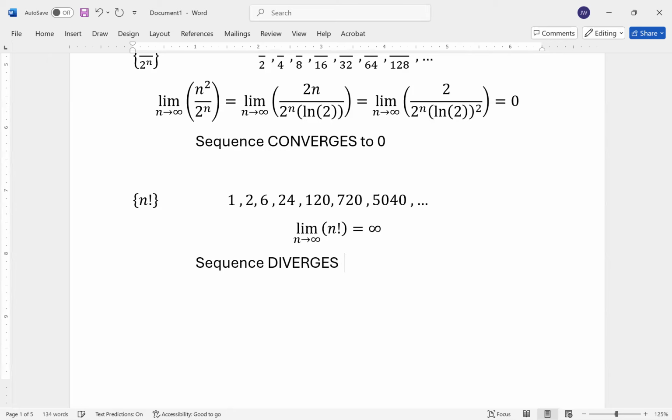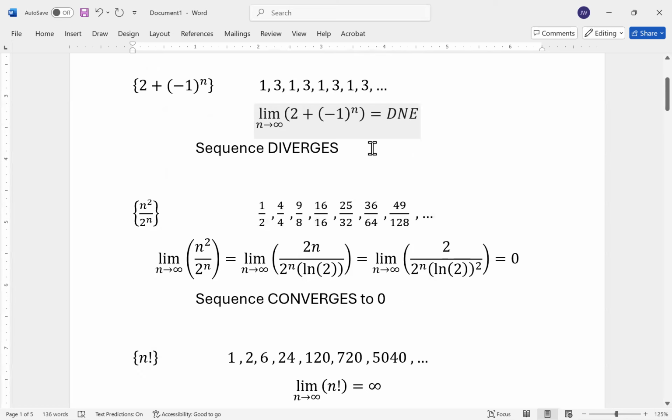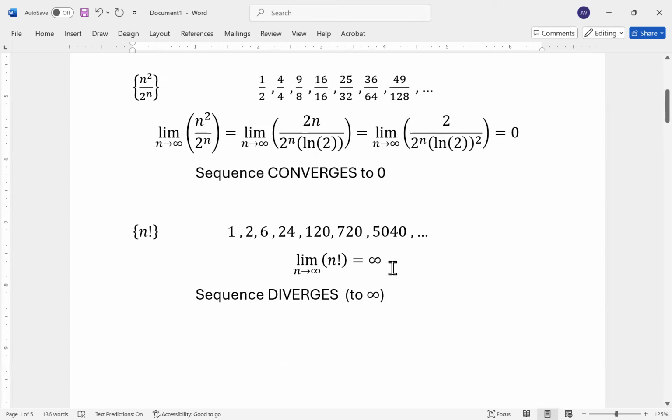Some would say diverges to infinity as well. Sometimes I say that, sometimes I don't, but that's opposed to this one, which doesn't exist. So this one diverges because it doesn't exist. N factorial diverges because it goes to infinity. Again, some people would say diverges to infinity on that one.